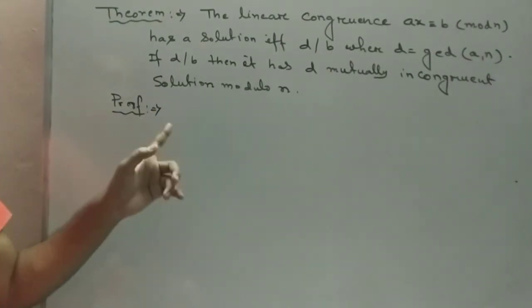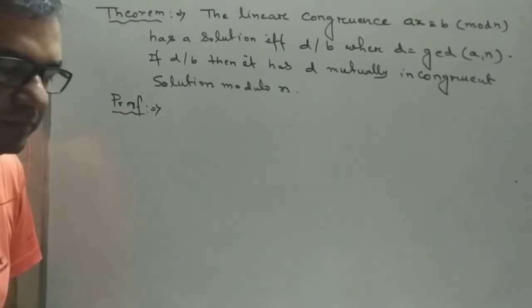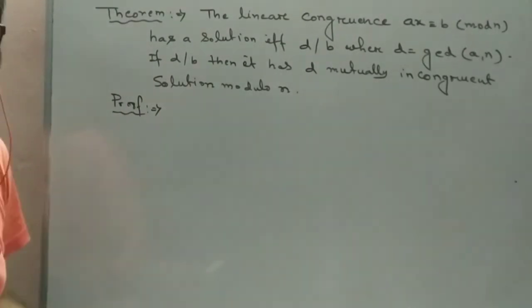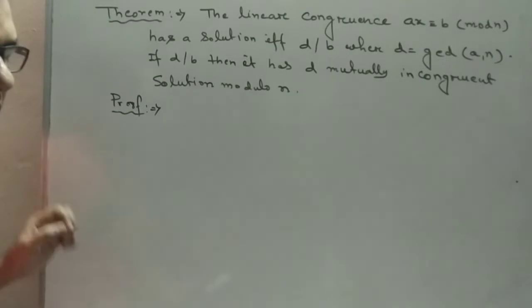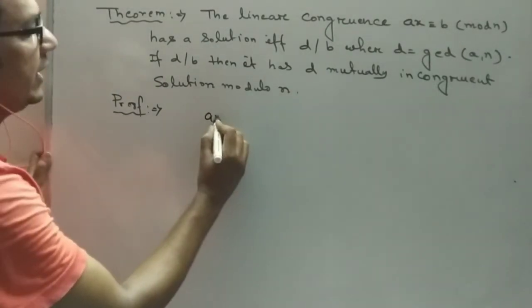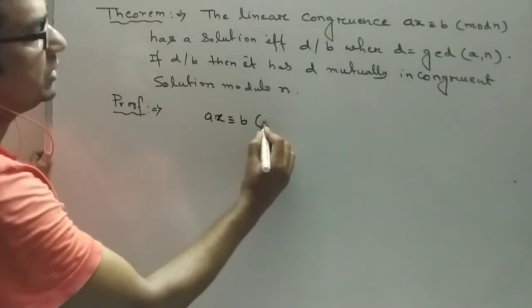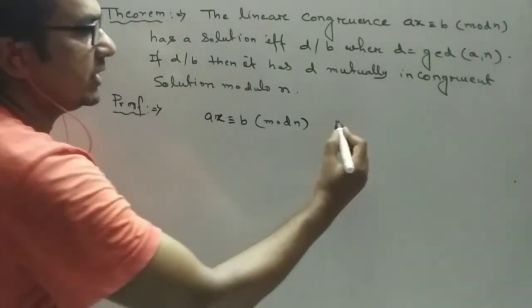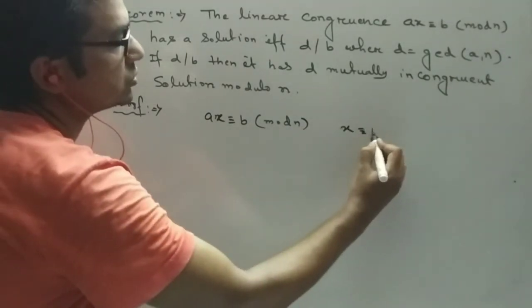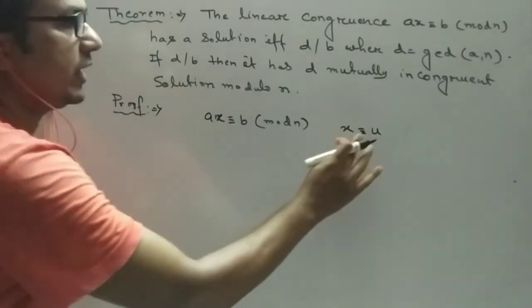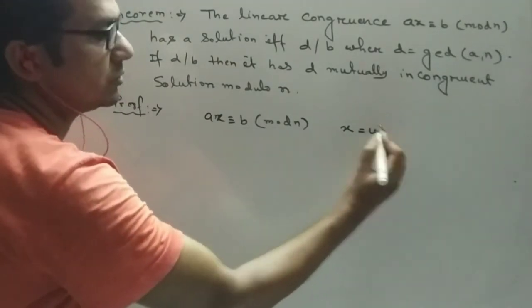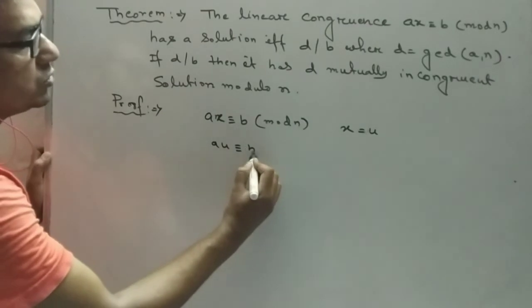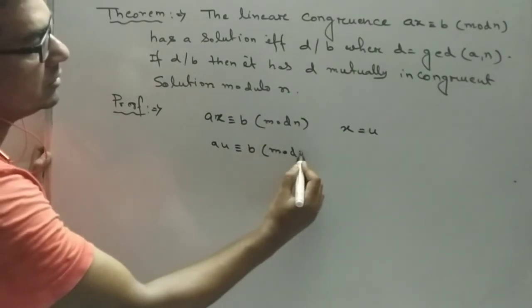Now, proof of this theorem. In the first part, we let Ax congruent to B mod n have a solution x equal to U. Then AU is congruent to B mod n.